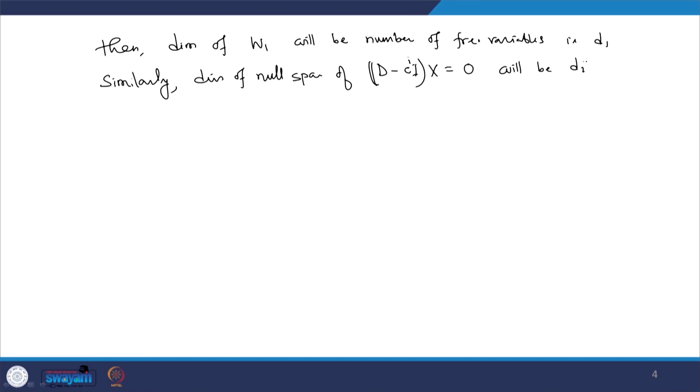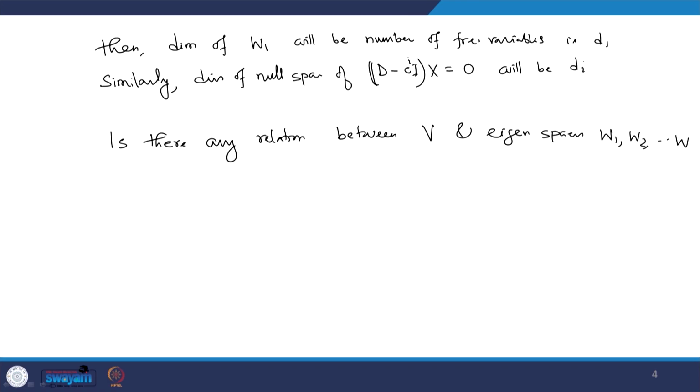Fine. Now, we are curious to know, is there any relation between V, over which the operator is defined, and the eigenspaces W1, W2, Wk?